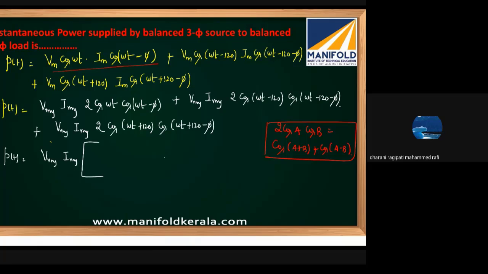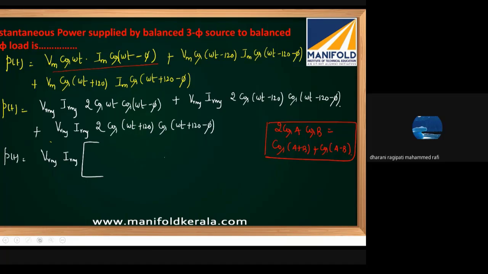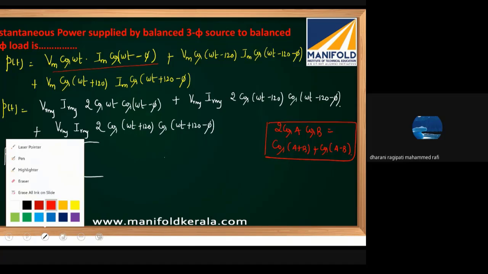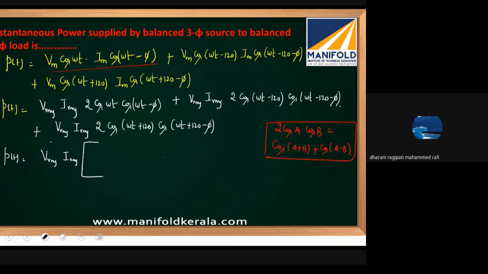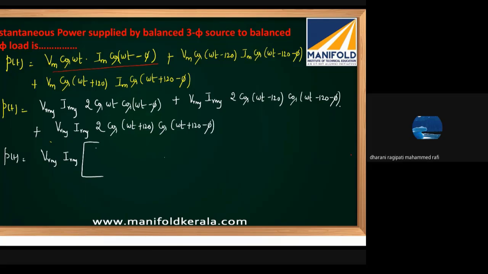Then what are we going to get? I'm going to get cos 2 omega t minus phi plus cos phi.